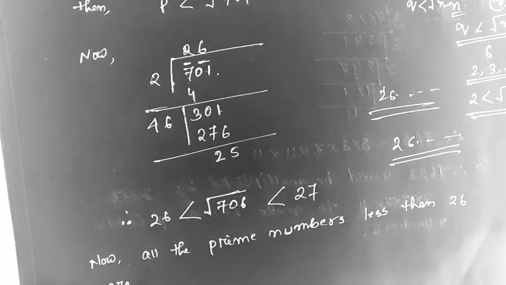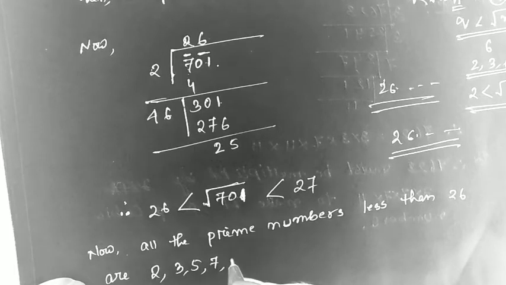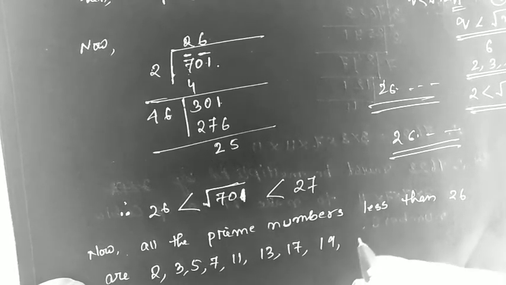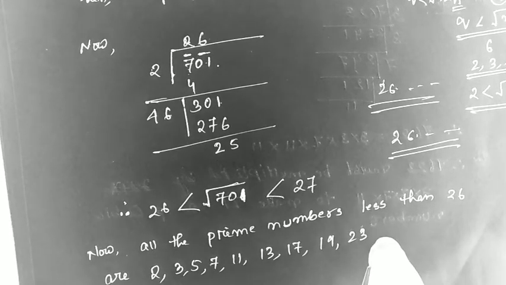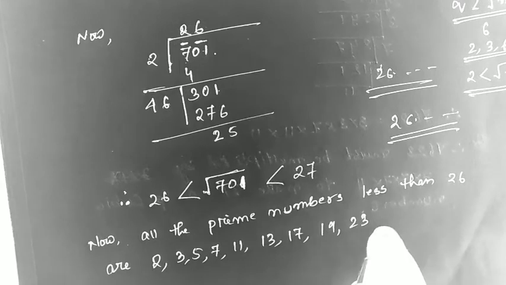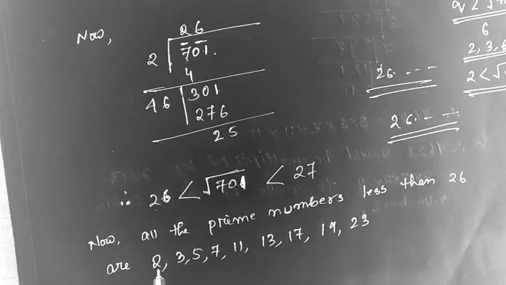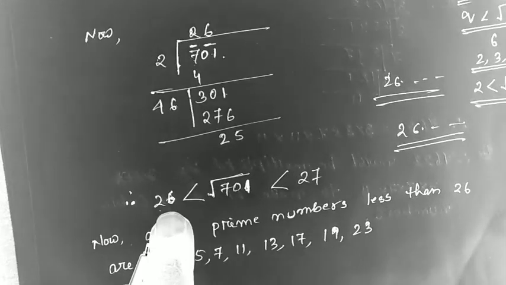What are all the prime numbers? 2, 3, 5, 7, 11, 13, 17, 19, 23, and 25, not 25, 25 is a composite number. So these are the prime numbers present less than 26.